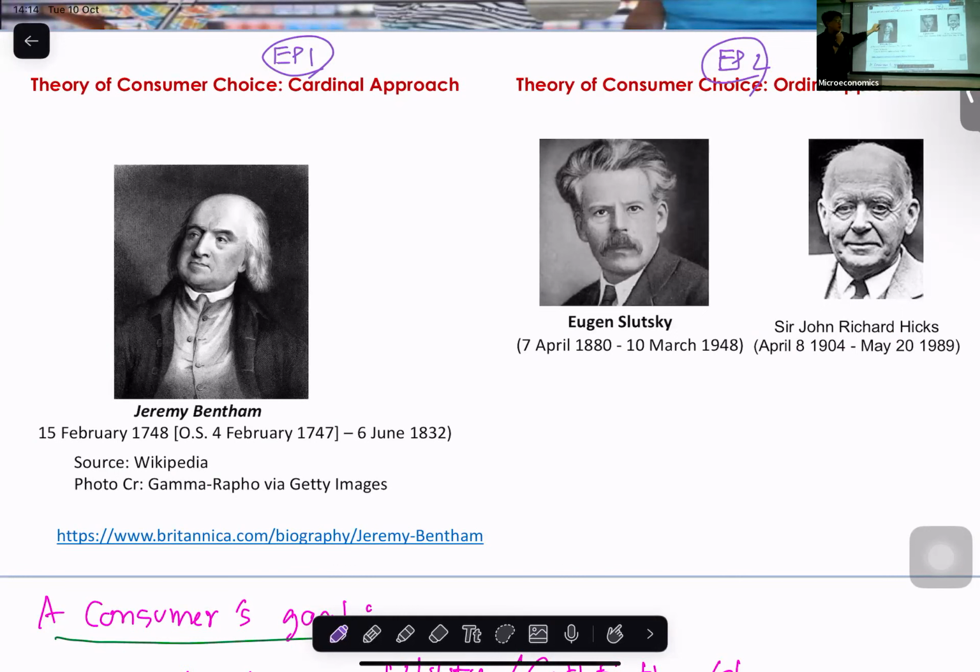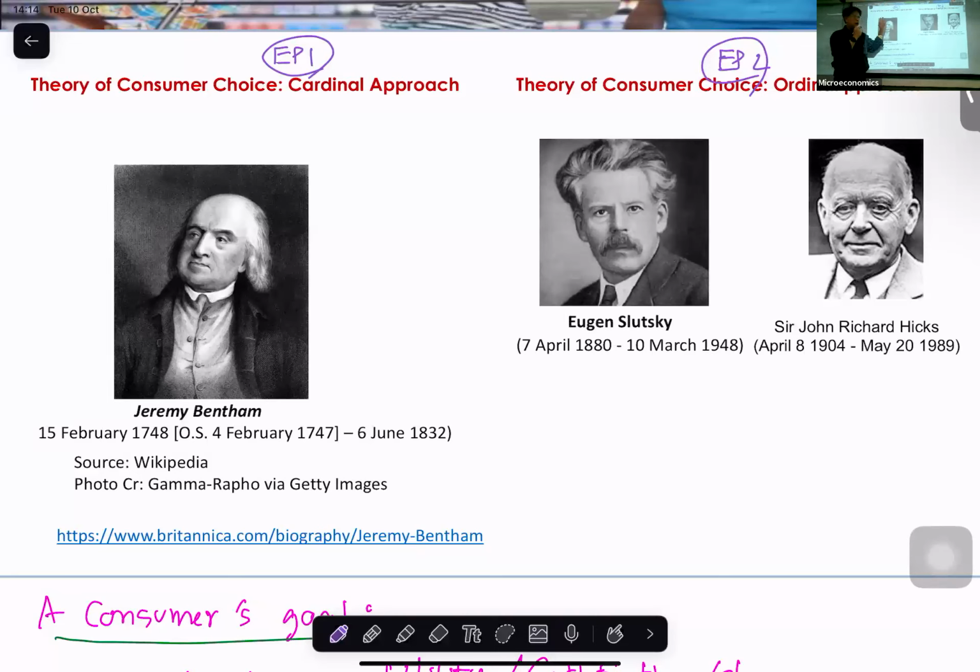So Jeremy Bentham is the first person who studied utility maximization a long time ago. We call this approach the cardinal approach. It's quite ridiculous when he talked about this approach with his friends during the time.